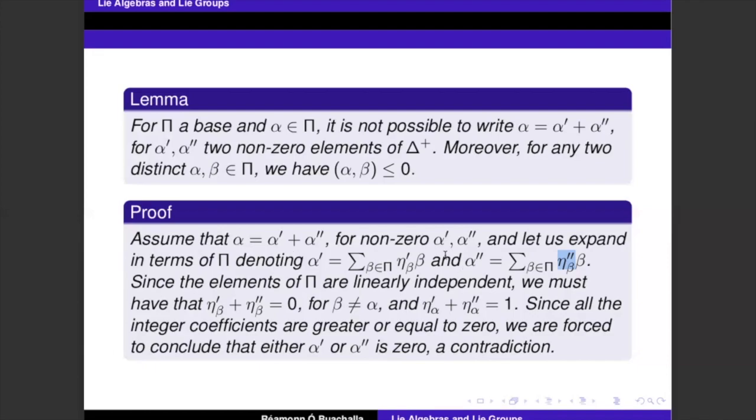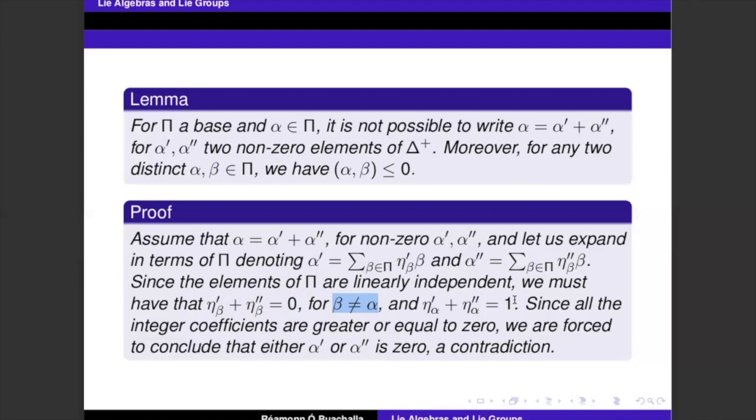So then the coefficient on beta, eta prime beta plus eta double prime beta, is going to have to be 0, because we have no contribution of beta in this sum. This is the decomposition in terms of the base, because alpha is a base element, for beta not equal to alpha. And when it is alpha, then the coefficient is just going to be 1. So eta prime alpha and eta double prime alpha are going to have to add up to 1.